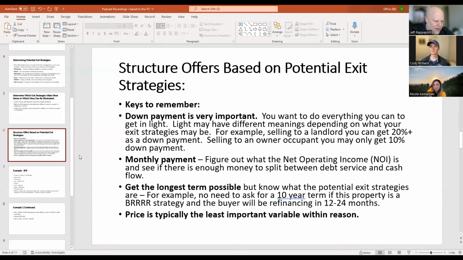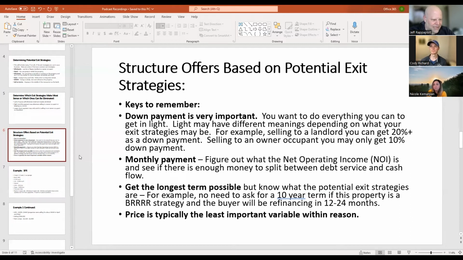Because one of the things I'm going to look at is what kind of return on investment am I getting, and what kind of cash on cash return. So the more I have to put in, the lower my cash on cash return is going to be. The less I put in, more than likely my cash on cash return is going to be higher.